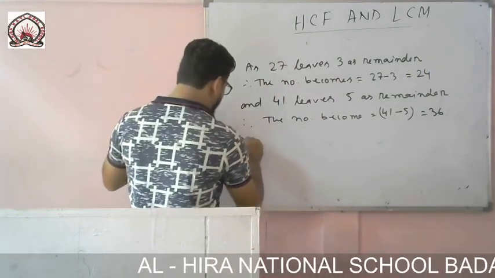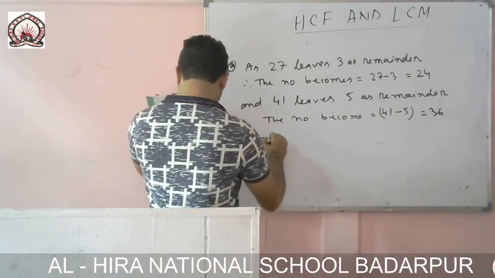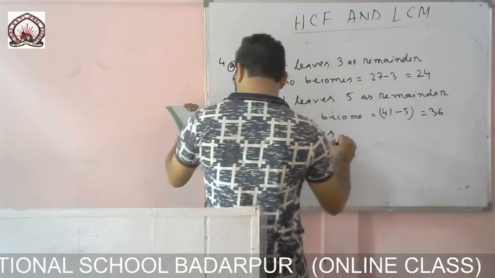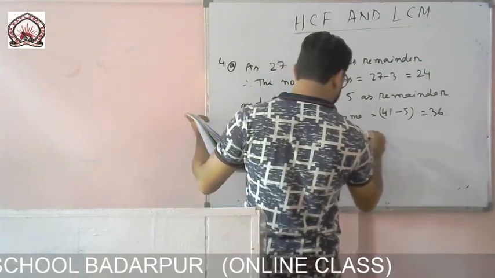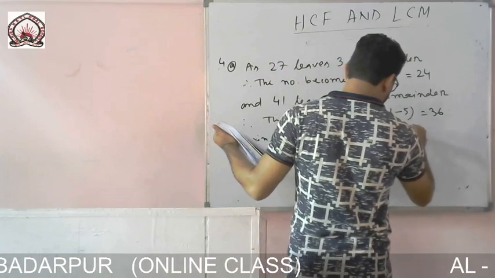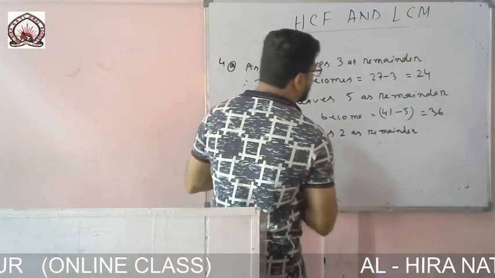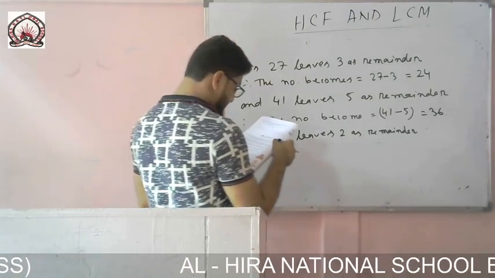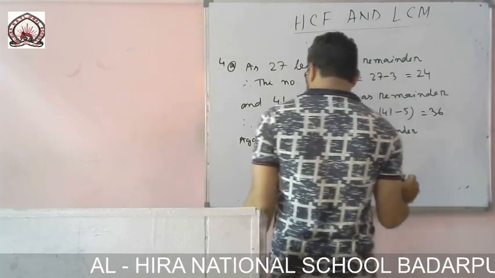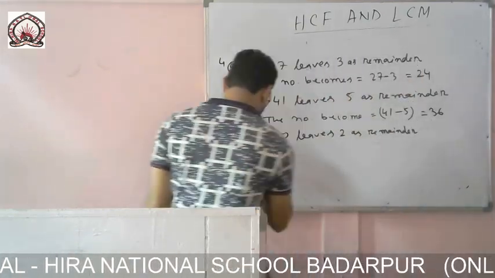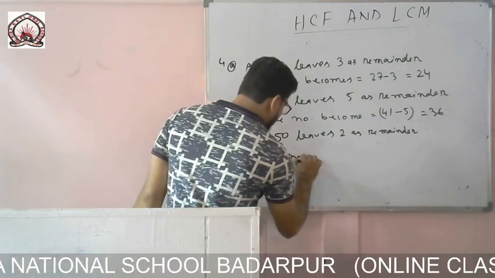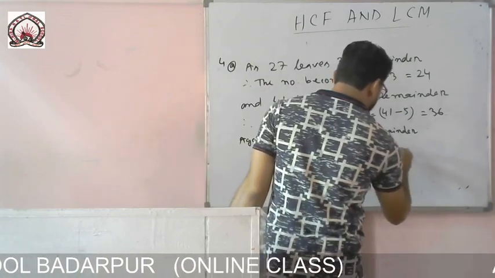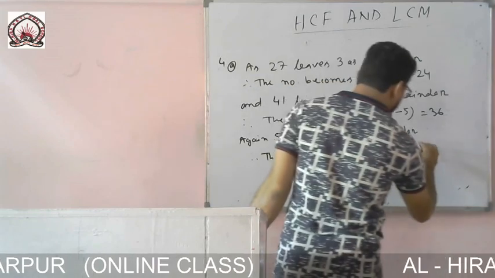Okay, again, 50 leaves 2 as remainder. Therefore the number becomes 50 minus 2, which is 48.